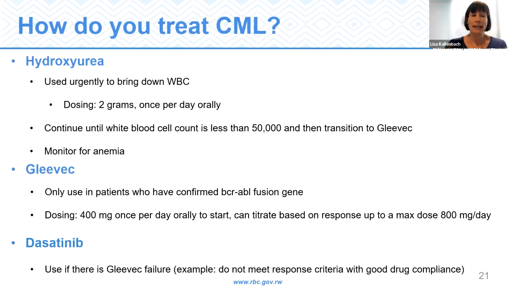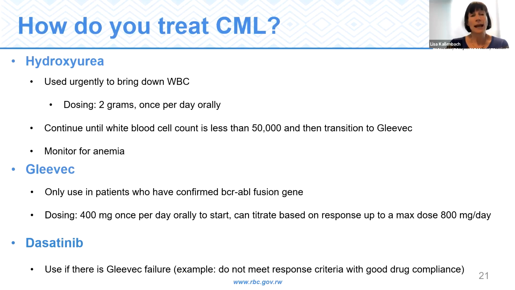Gleevec or imatinib is to be used in patients who have confirmed BCR-ABL fusion gene product noted on PCR testing. And the dosing of Gleevec is 400 milligrams once a day to start, and it can be titrated based on the response with a maximum dose of 800 milligrams a day.